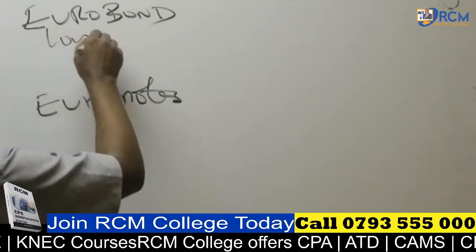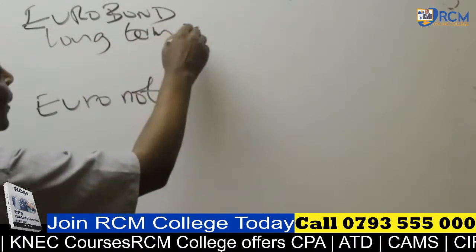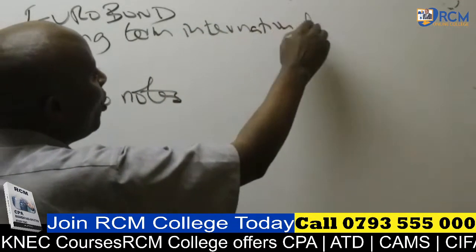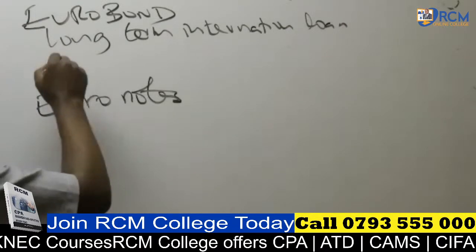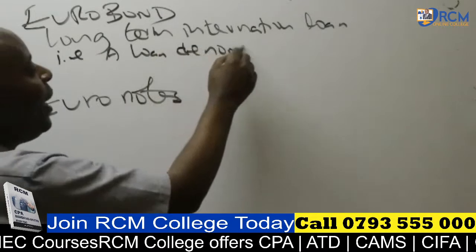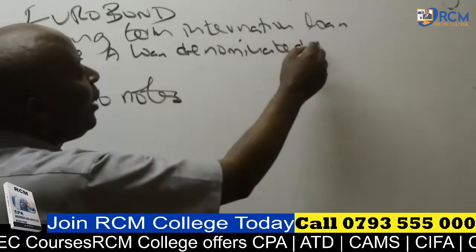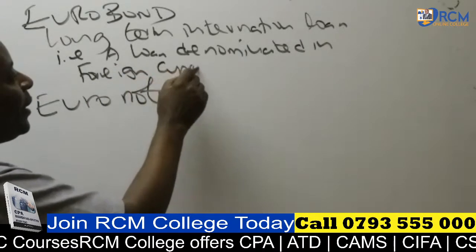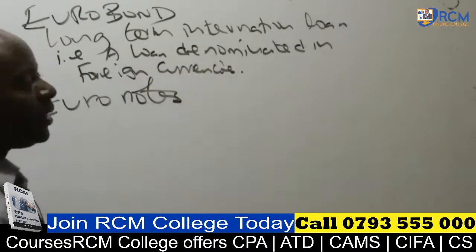Basically, a Eurobond is a long-term international loan, i.e. a loan denominated in foreign currency, in foreign currencies.